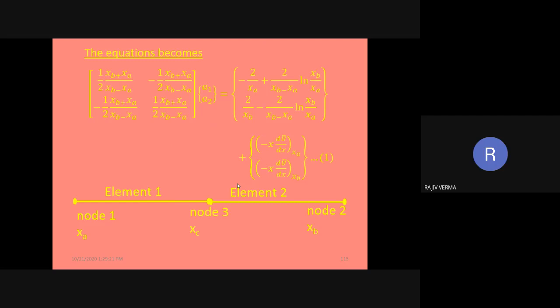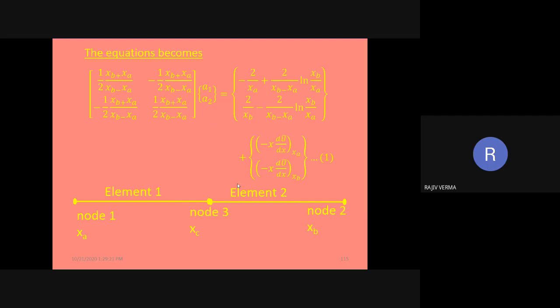But once the domain has been broken down into a number of elements and then clubbed together, then the unknown parameter is supposed to be continuous between two elements also. So, that is the new requirement which is going to arise, and this is also going to be discussed in the future slides.